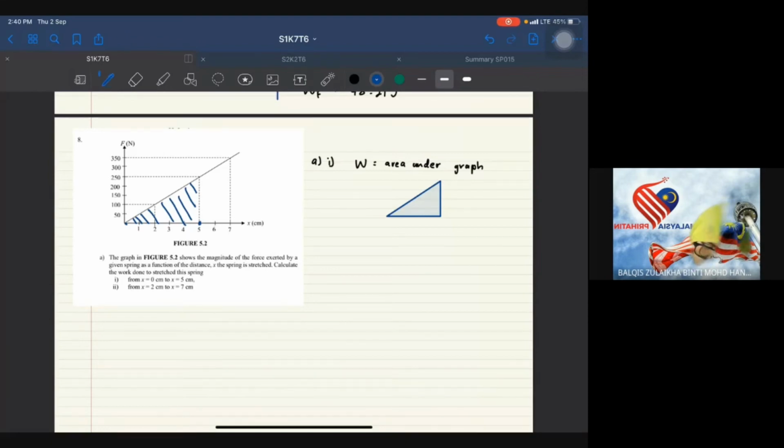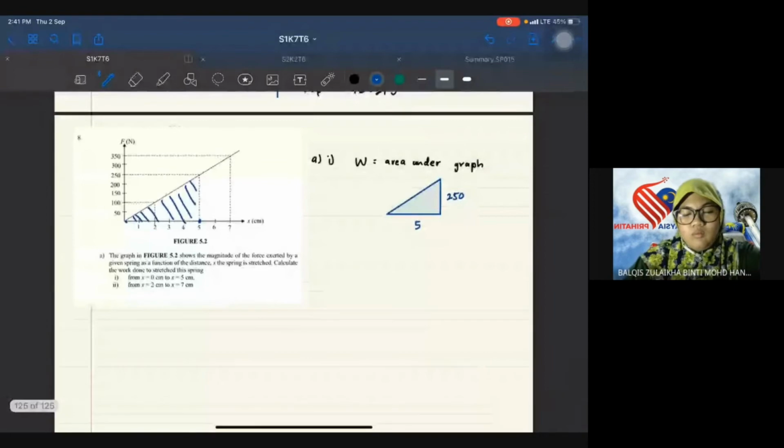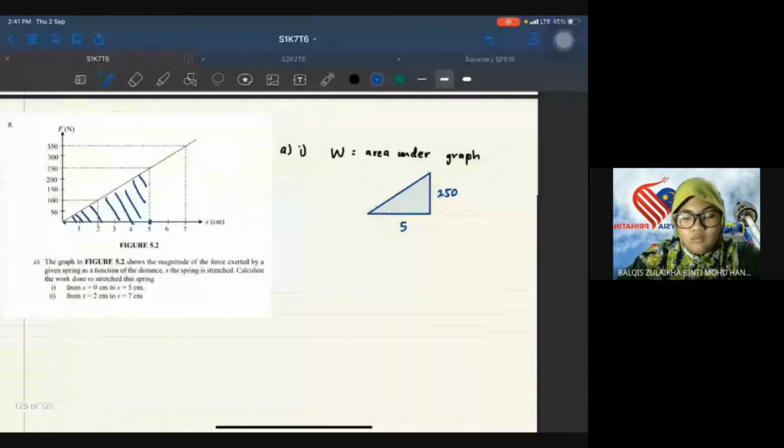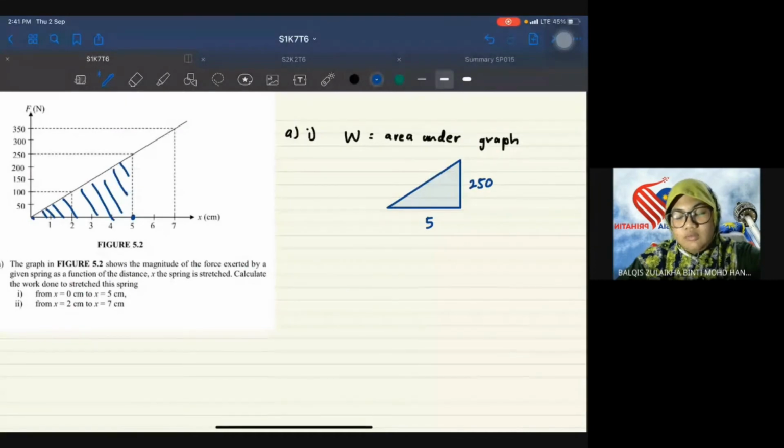This is basically just a triangle. The base here will be 5, the height there will be 250. But be careful because they give you centimeters. If you want your final answer in SI units, you really need to write down the SI unit. So the displacement X will be 0.05 meter. And the force in Newton, so it should be okay.